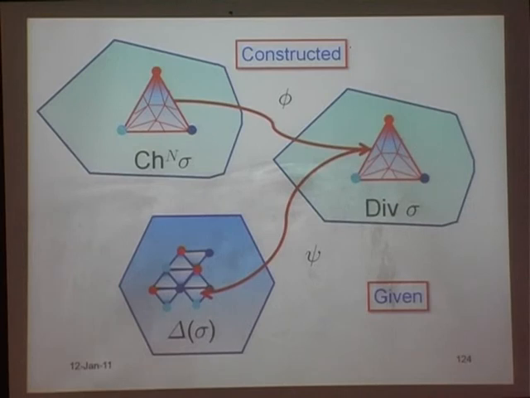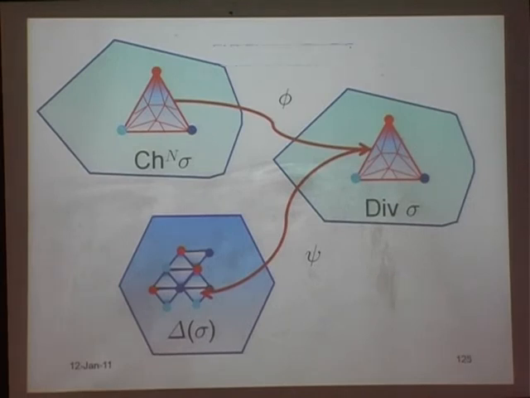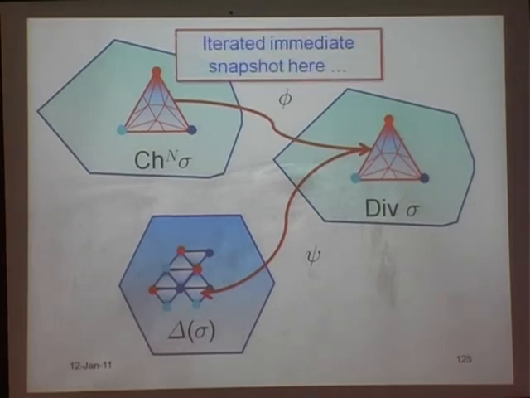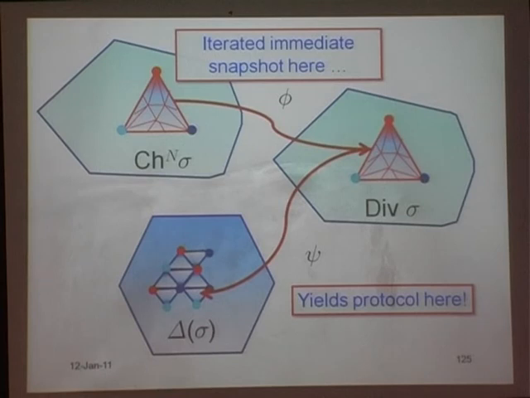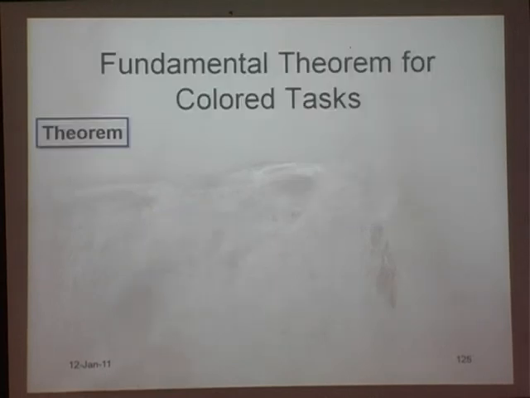And the algorithm is we do an iterated immediate snapshot here to converge on a vertex. We push it through, and that gives us a vertex here. And then we push it through again, and that gives us a vertex here. And because this is all carried by big delta, that's a correct algorithm for our task description. And so that gives us the protocol.